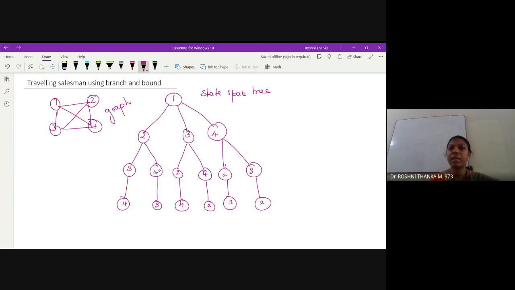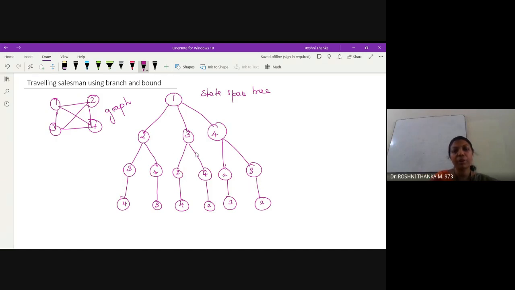As I said, he has to start from a particular node, visit all the rest of the nodes only one time, and with minimum cost. So generally, we will find the cost for all the paths. What is the cost of traveling in this path, and in this path, similarly this and this?